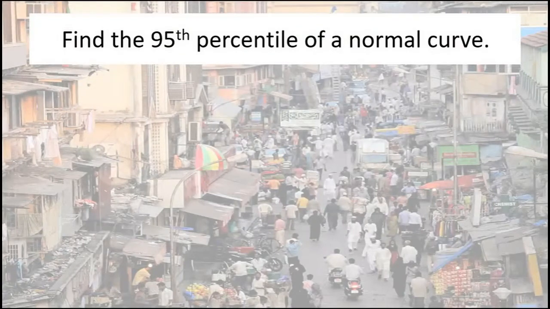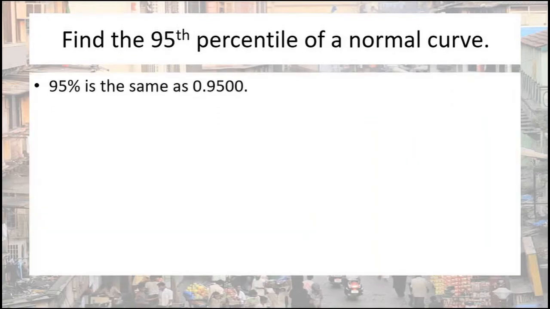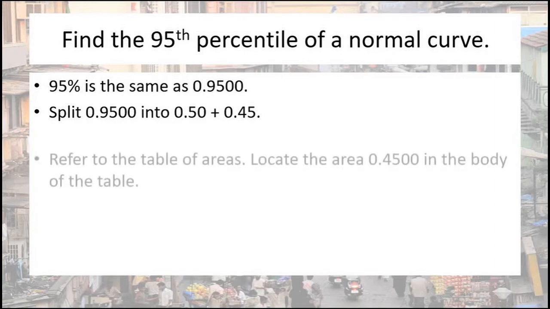Let's find the 95th percentile of a normal curve. So 95% is the same as 0.9500. So let's split 0.9500 into 0.50 plus 0.45. Refer to this table of areas.